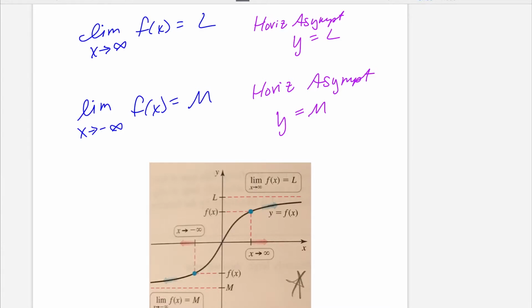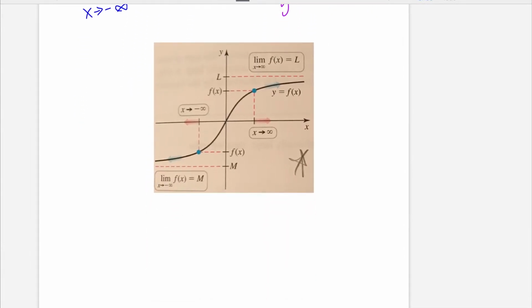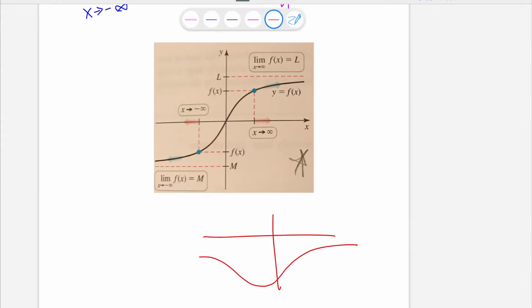This is the concept. So a lot of times we talk about a specific concept and then you take that concept and you put it to whatever situation you have that you're going for. You could have something like a graph that comes like this, right? And then you've got your horizontal asymptote right here. A single horizontal asymptote if I'm approaching positive infinity, or if I'm going back in this direction, x is approaching negative infinity, you're going to the same value.